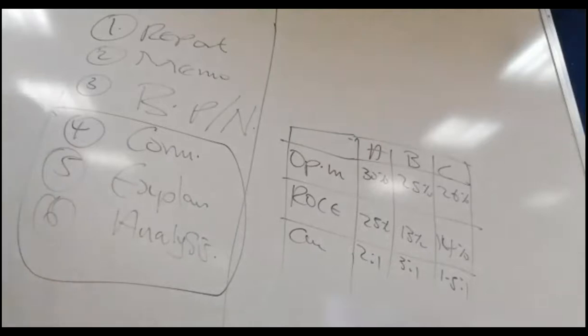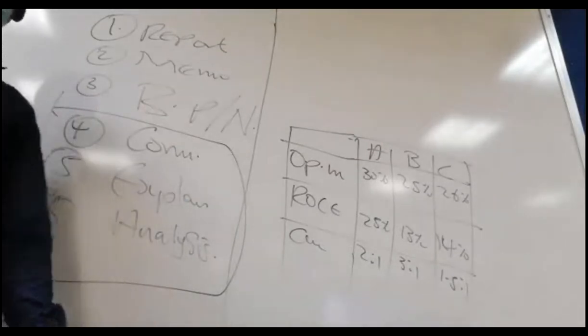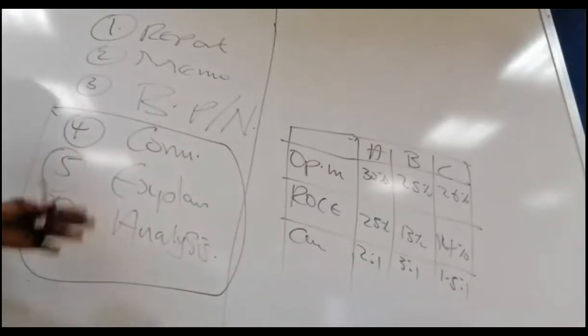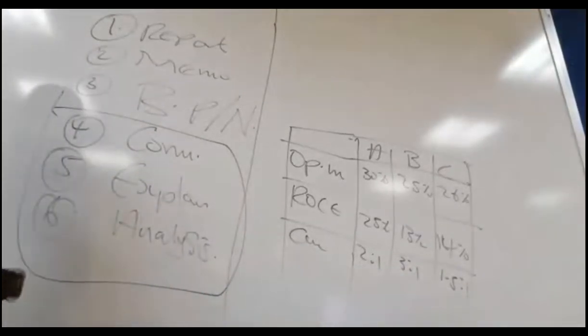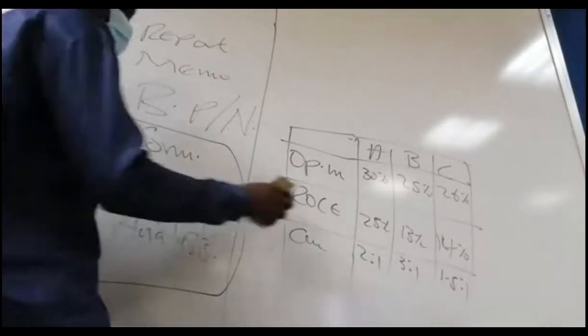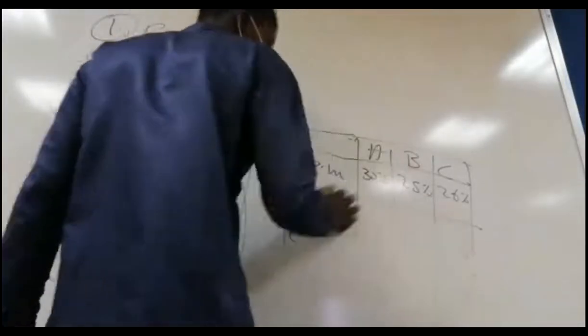No structure, no from, no to, no date, no subject. We don't want to say that. It's just analysis. So this is what we will do. I'll bring it back again. If it's a report, report on top. How do you know it's a report? Let them tell you.